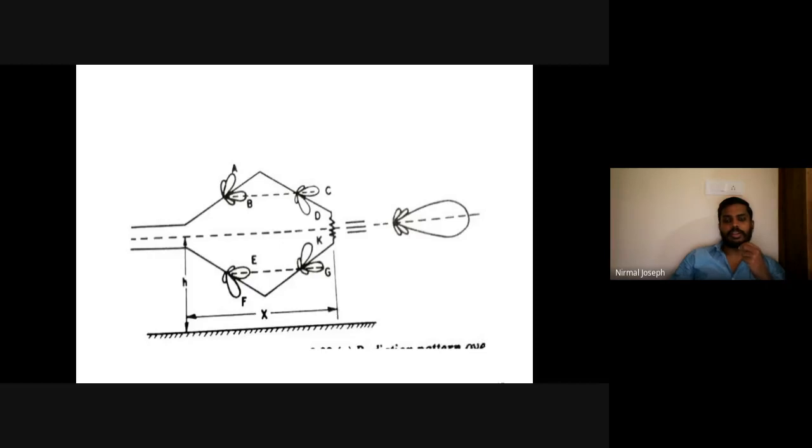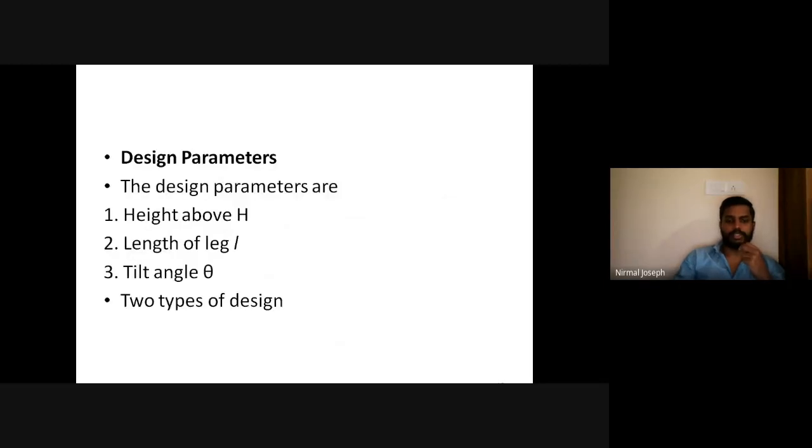You can show the addition of all those four. Okay, and since this rhombic antenna has to be terminated at a resistance, it is a traveling wave antenna, or it is a non-resonant antenna. Okay, that's all about the radiation pattern and construction of the antenna. Okay, I think you understood.